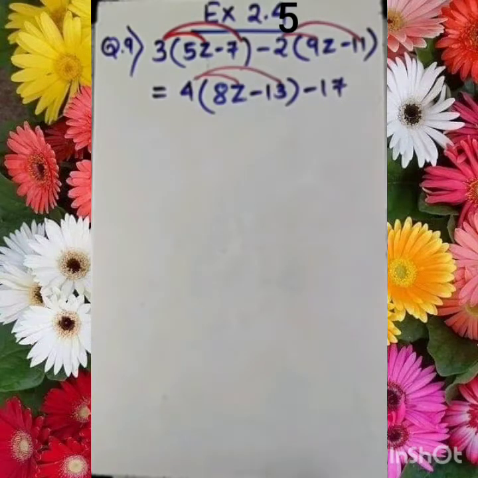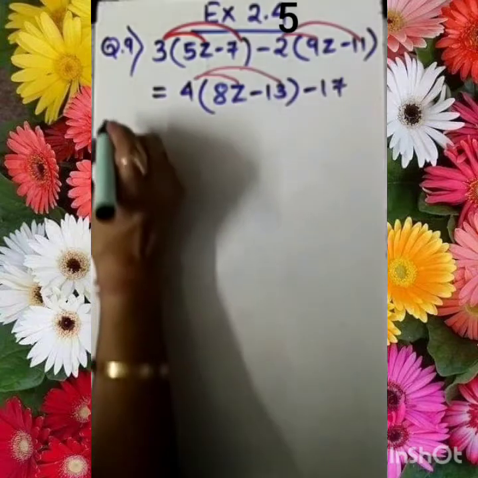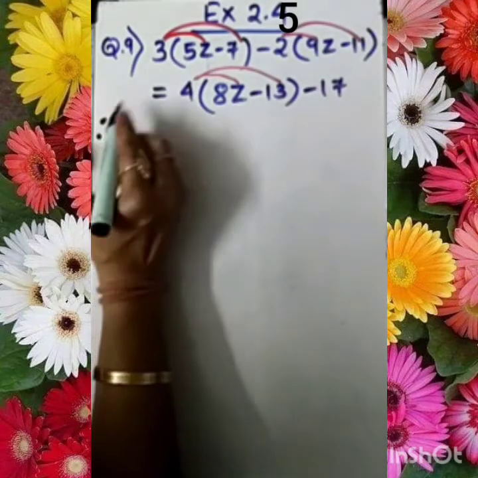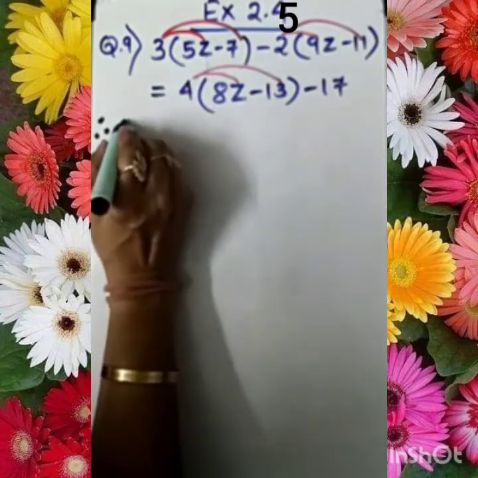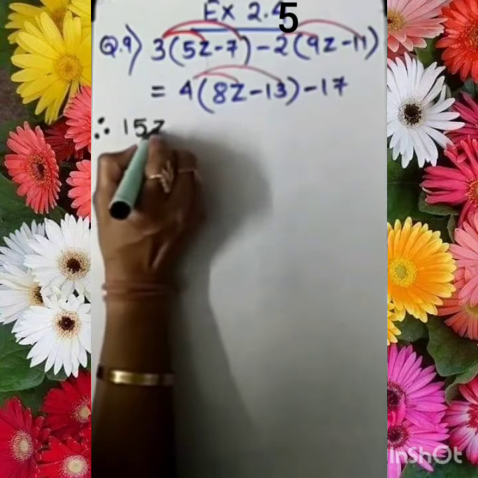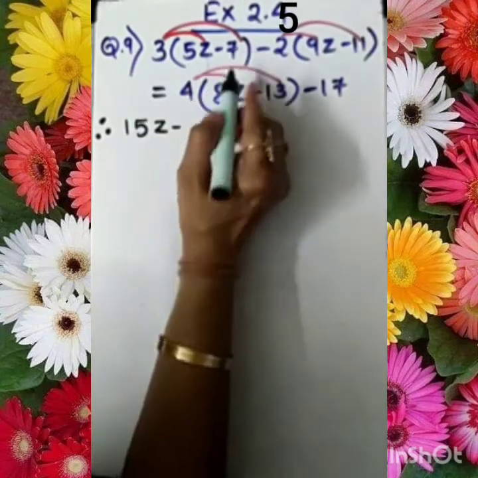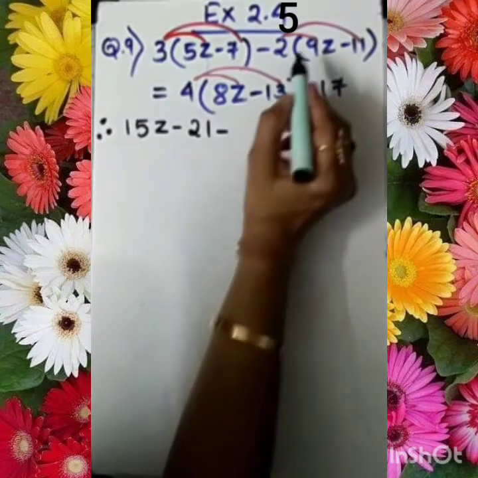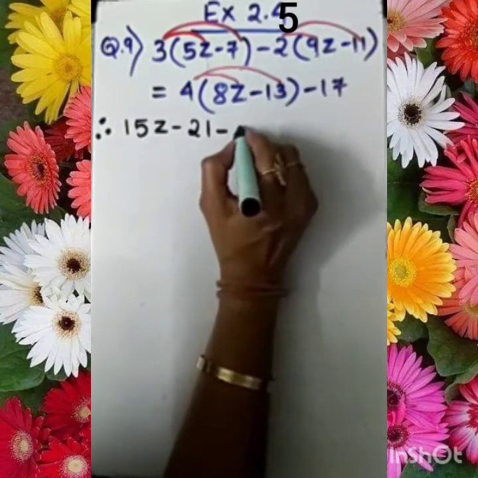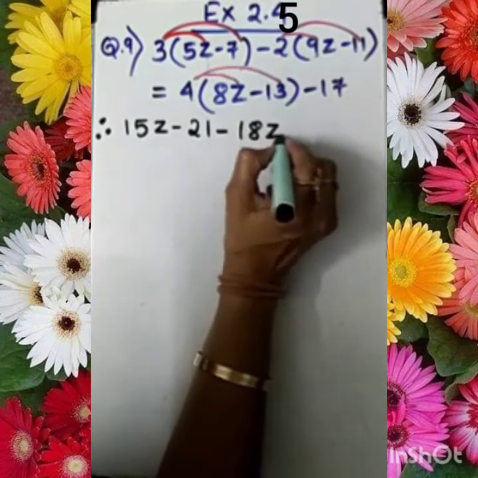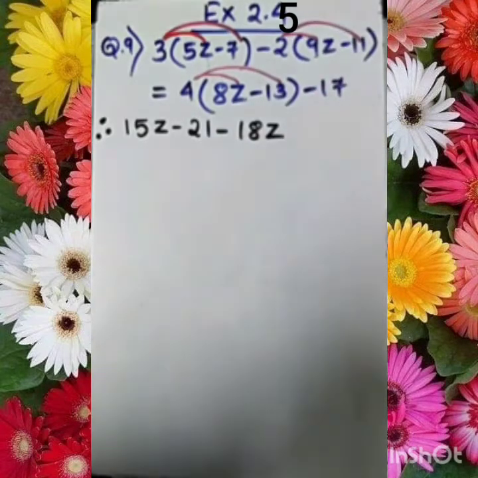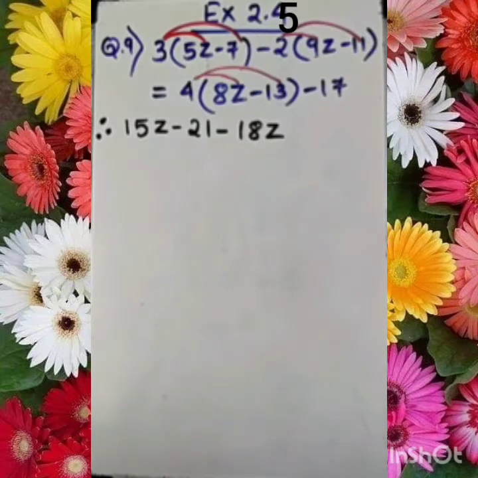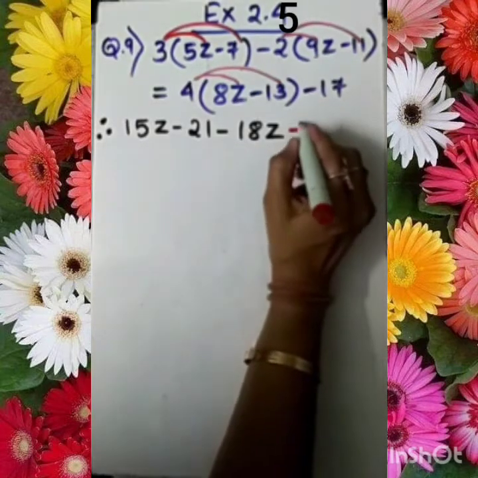So make yourself ready. Therefore, the sign should be there. 3 into 5, 3 fives are 15z. 3 into 7, 3 sevens are 21. 9 twos are 18z. Minus minus. Okay, outside the bracket there is a minus, so we need to change the sign.